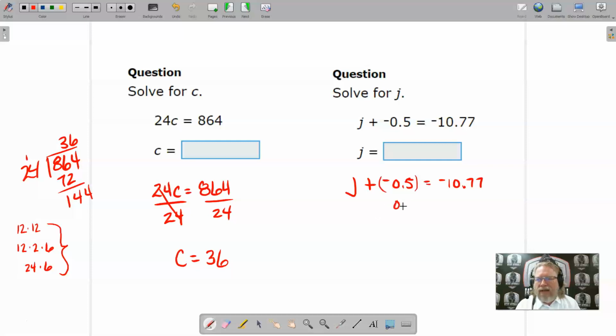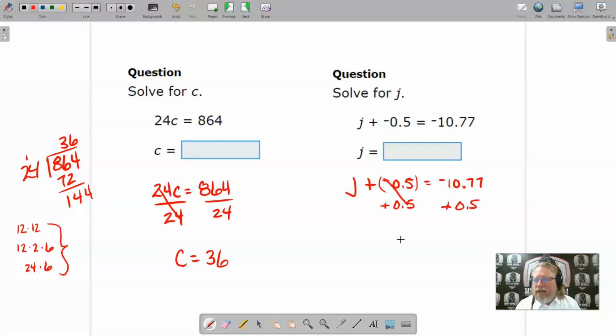So I need a positive 0.5. A positive is like plus, right? And when I do it to one side, I'm going to do it to the other. So I'm actually adding, because this plus and negative can get confusing. So let's just realize that this is a negative value, and we need to add a positive value. It's the opposite, right? So I'm adding 0.5 here.